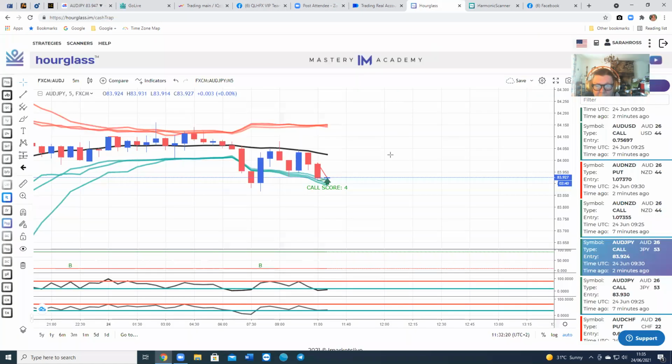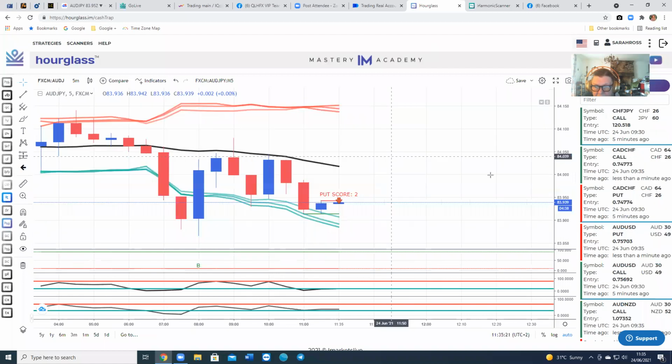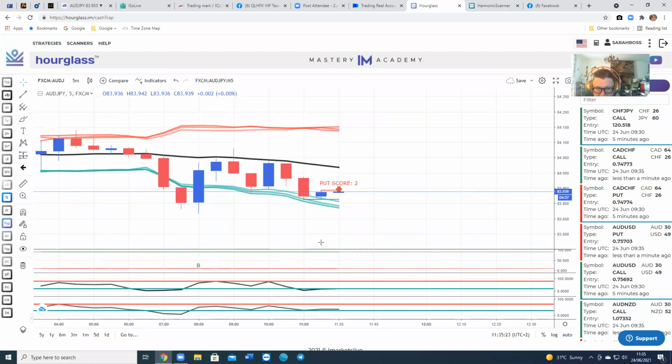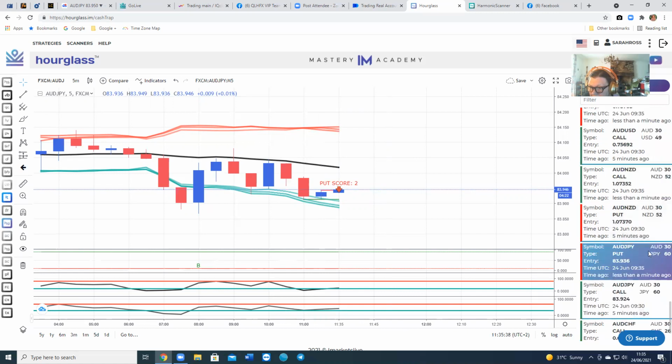So let's come back to our hourglass. A put score of 2, so that's not enough for us to want to take a trade. If you say what you see, you can see it's coming off the green line, which is the oversold area. So we want it up in the red area if we're going to be in line with what our currency strength says, which is 30 on the Australian dollar to 60 on the Japanese yen.